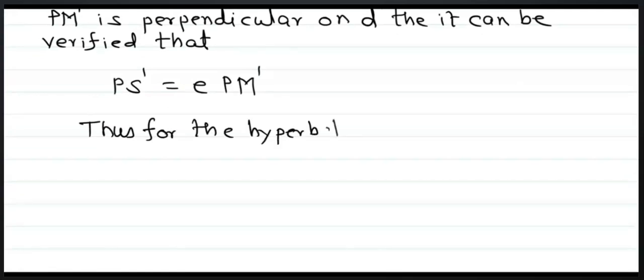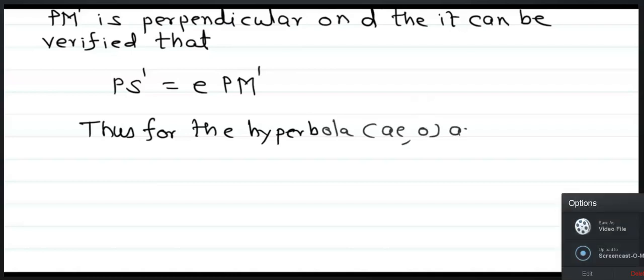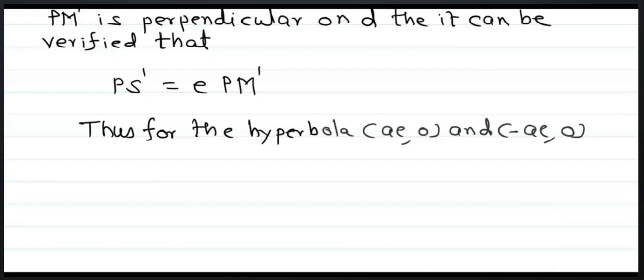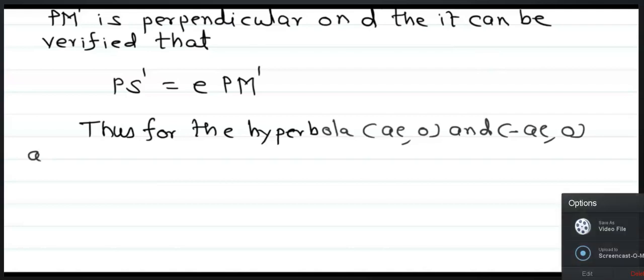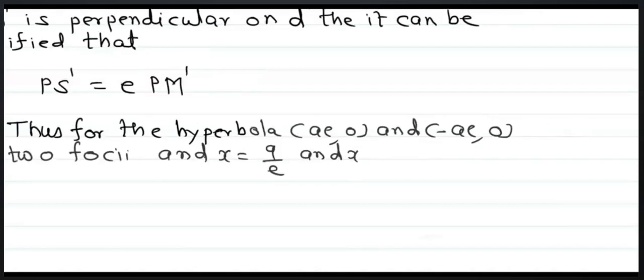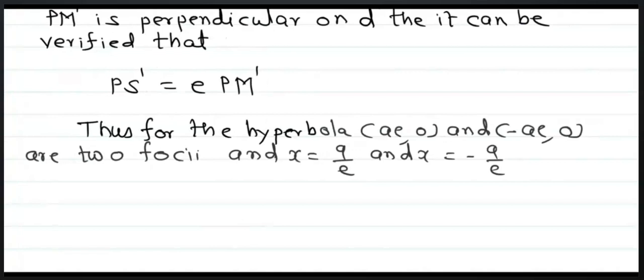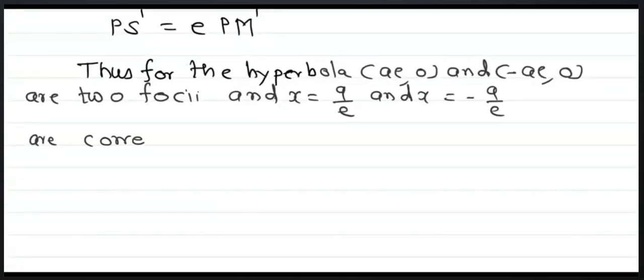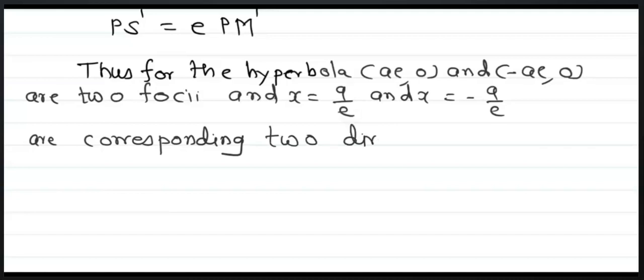Thus, for the hyperbola, (ae, 0) and (minus ae, 0) are two foci, and x equals a upon e and x equals minus a upon e are the corresponding directrices.